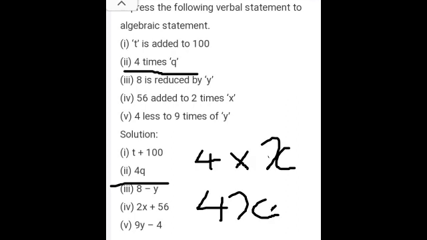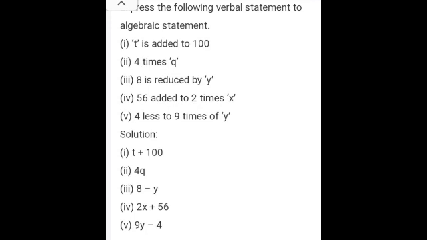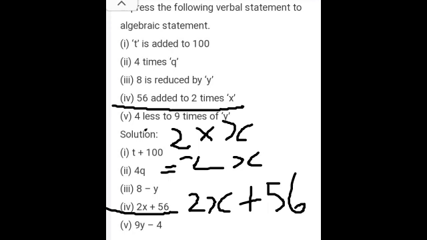Same way, second one is 4 times x. Times was used in which operation? Multiplication. We should use multiplication for times. So 4 into x is equal to 4x. Now let me move to the fourth subdivision. 56 is added to 2 times x.